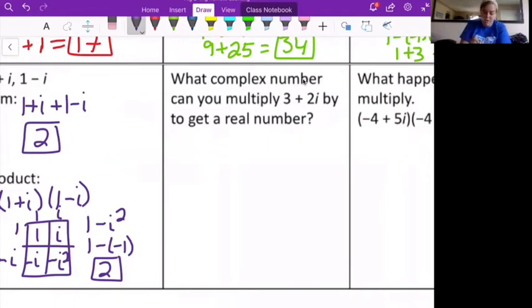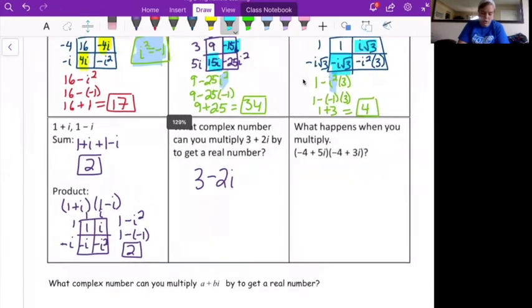The answer would be 3 minus 2i. And so we'll talk a little bit about that in just a second, but these are what are called conjugates, and we'll take formal notes on that here in just a little bit.